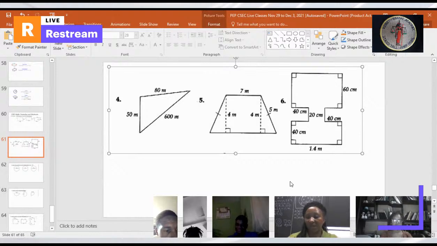That's a very irregular shape. So let's break it up. 680 meters? No, 680 centimeters. Tell me how you got that.